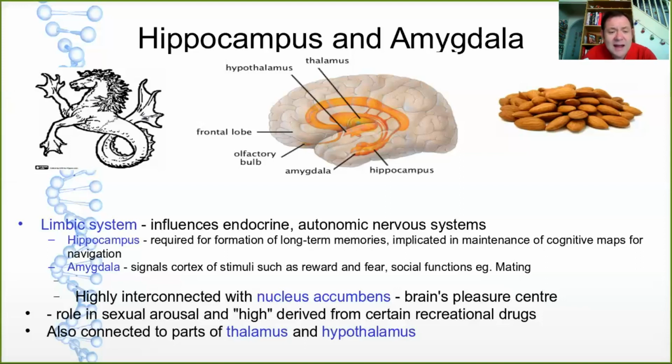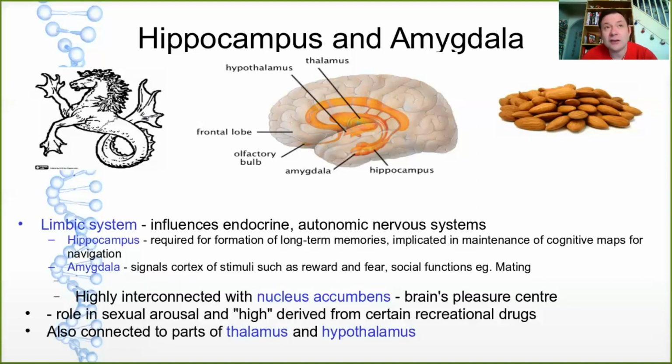The limbic system is highly interconnected with the nucleus accumbens, the brain's pleasure center. So the nucleus accumbens connects with the hippocampus and the amygdala, and that's so we can associate particular things with a sensation of pleasure. So if you've never drunk any alcohol, then you don't have any sensation of pleasure associated with it.